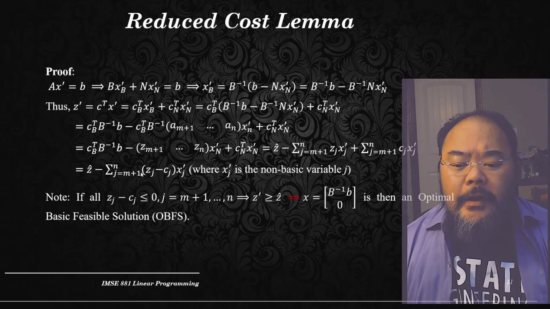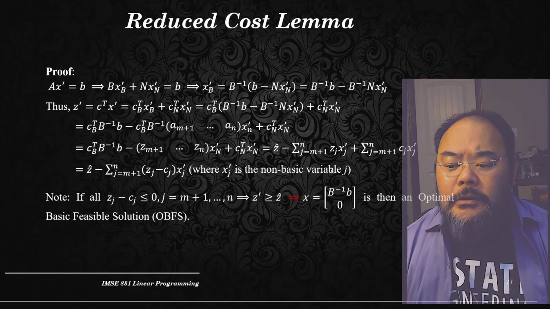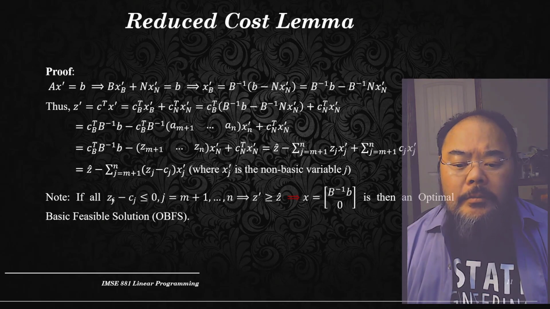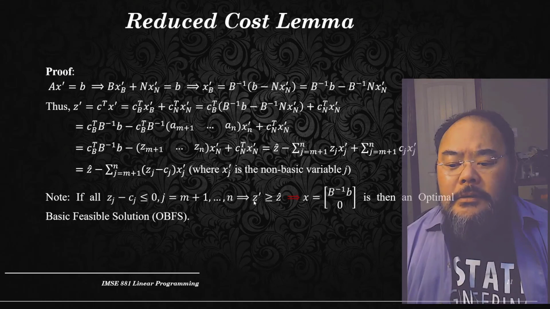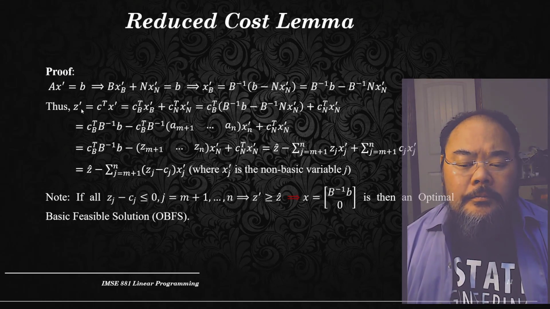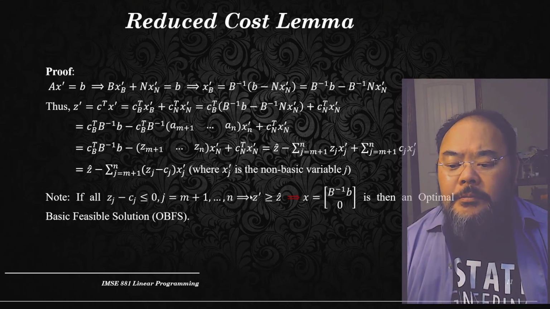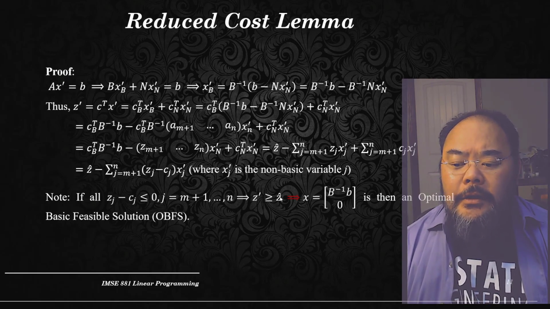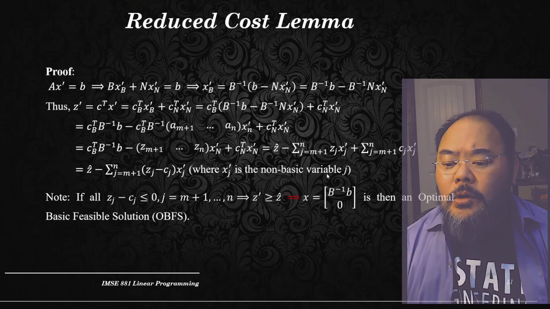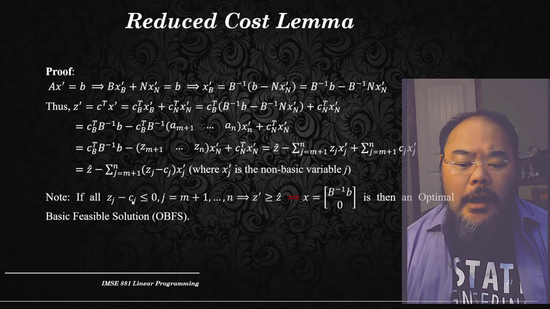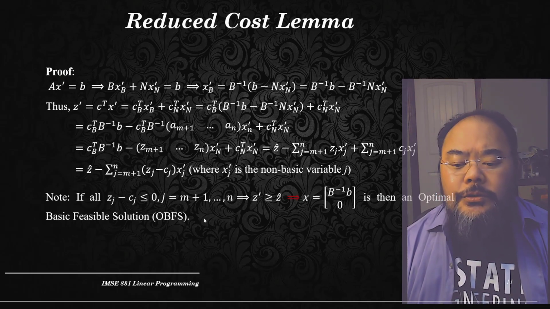However, if we find all the zj minus cj for the current non-basic variables xj prime are less than or equal to 0, then z prime, which is the new objective function, is going to be greater than or equal to the current objective function. So there's no point in introducing any more non-basic variables. The x currently is the optimal basic feasible solution.